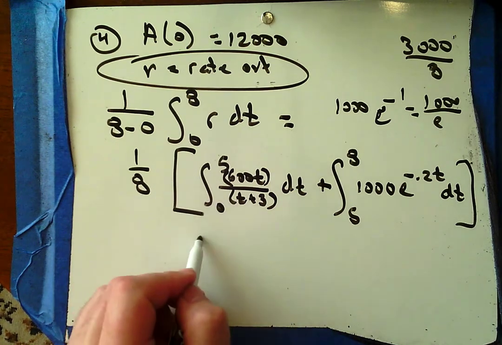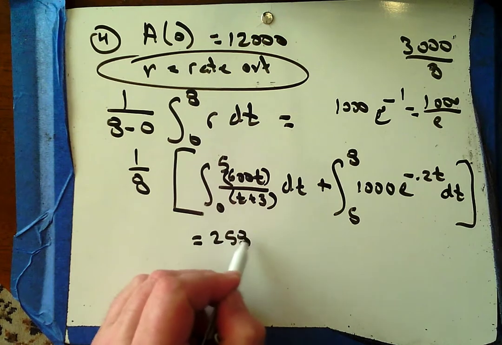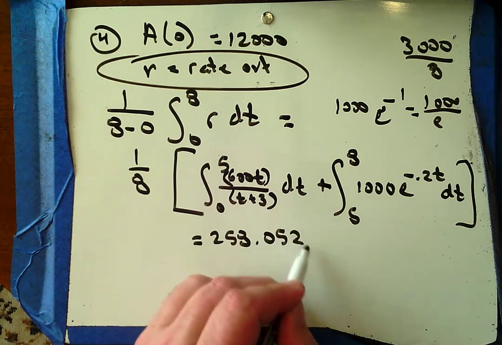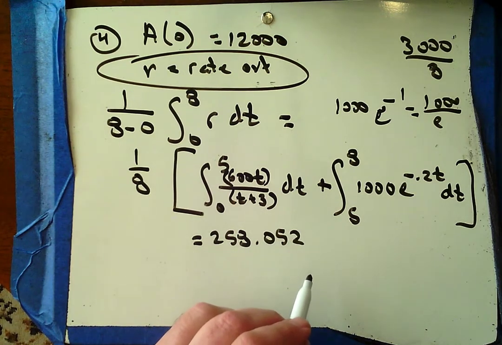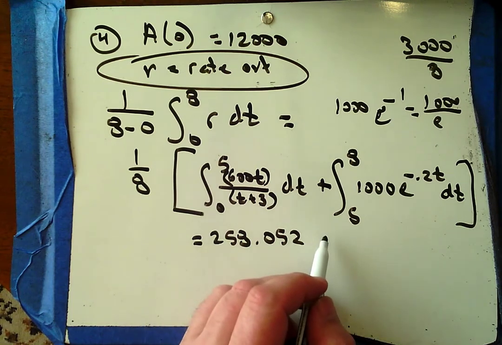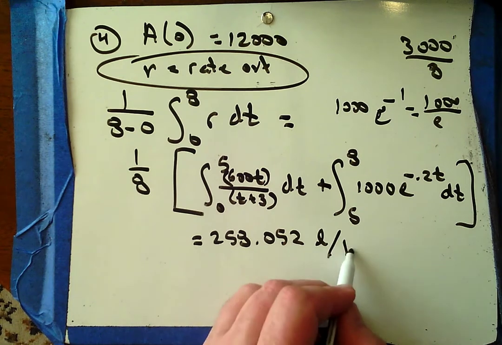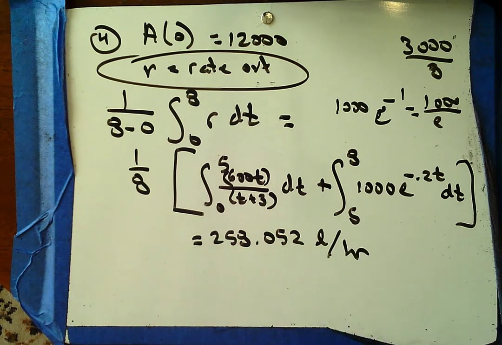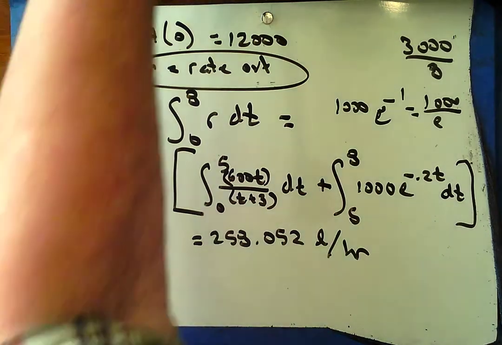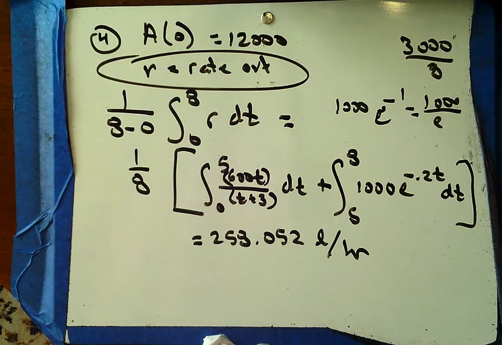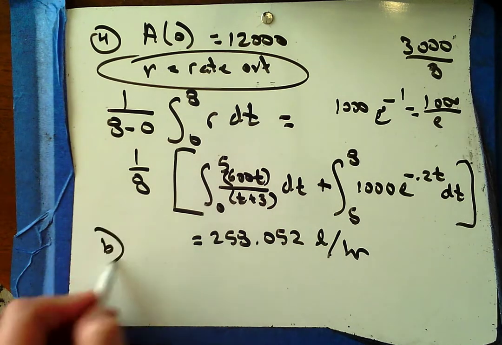And the answer is 258.052. I'm looking for the average value of rate, and the rate units are liters per hour. Okay, that's the average rate at which water is draining out. So there's part B.